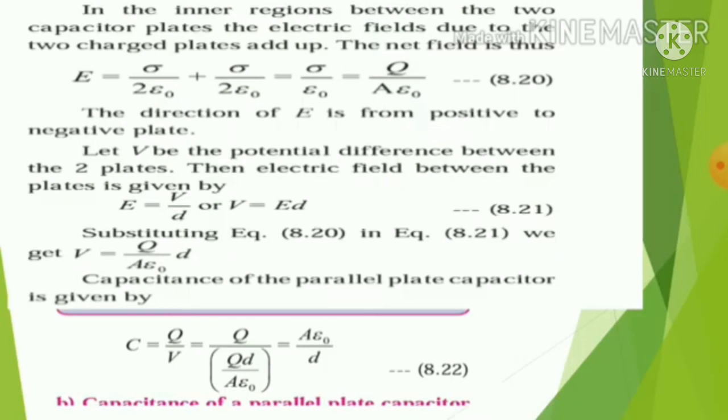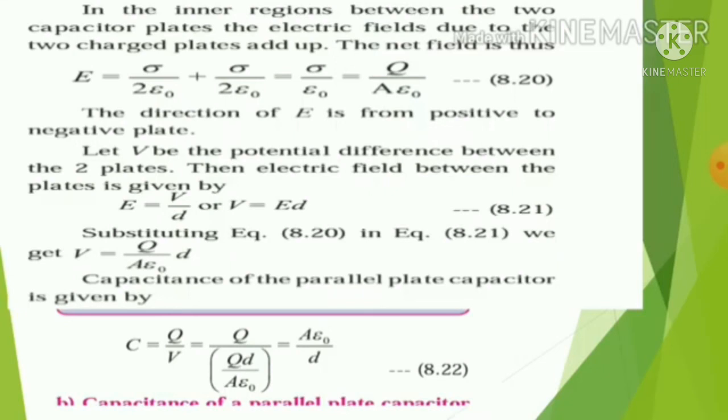Substituting equation 8.20 in equation 8.21, we get V equal to Q upon A epsilon 0 into small d.